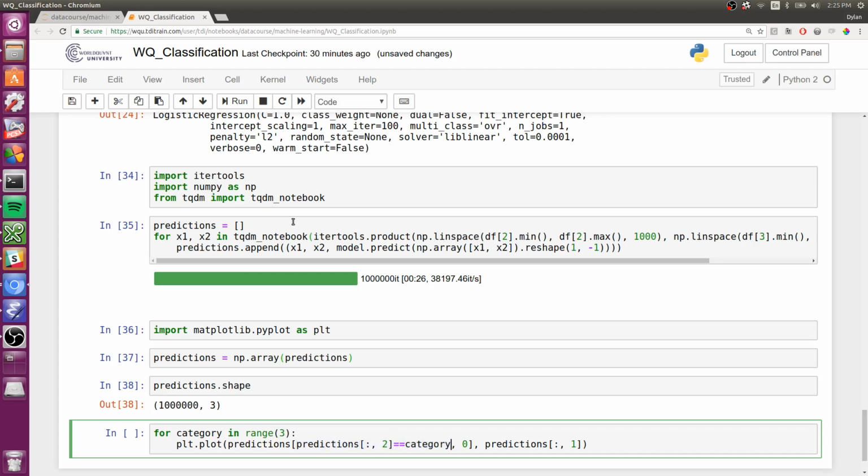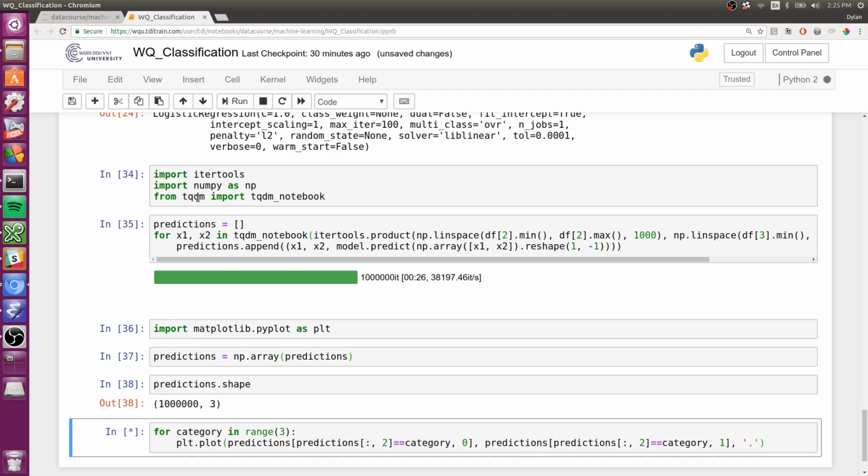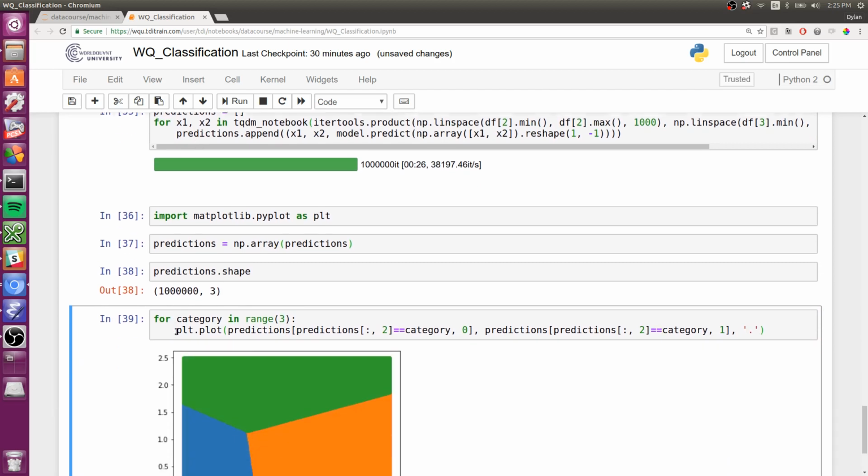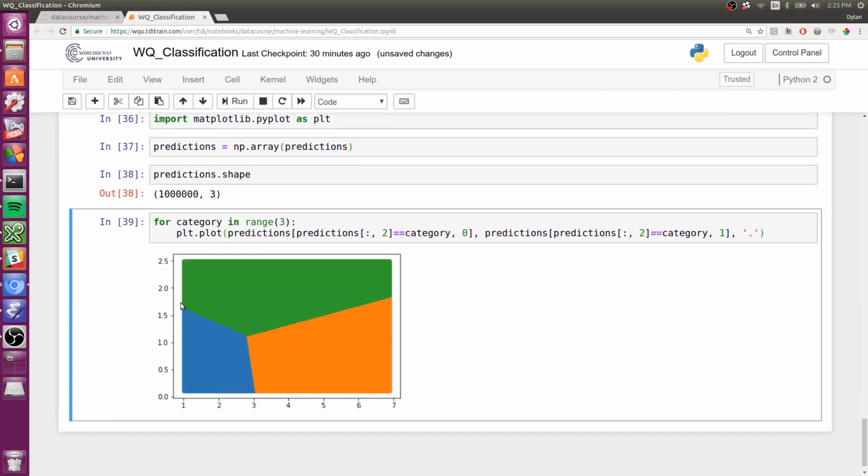So we'll do it this way. We'll slice out the part of the array where we've predicted a particular category and plot that. So here we go. This is our decision boundary.